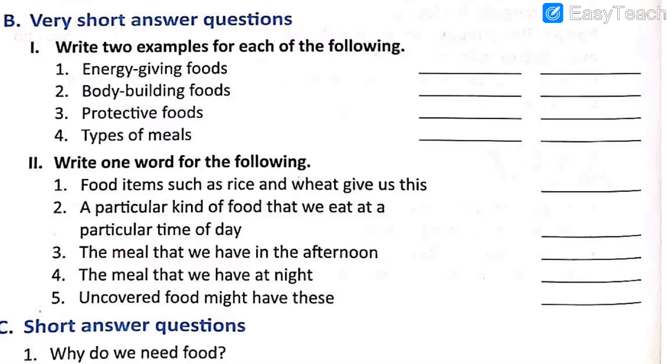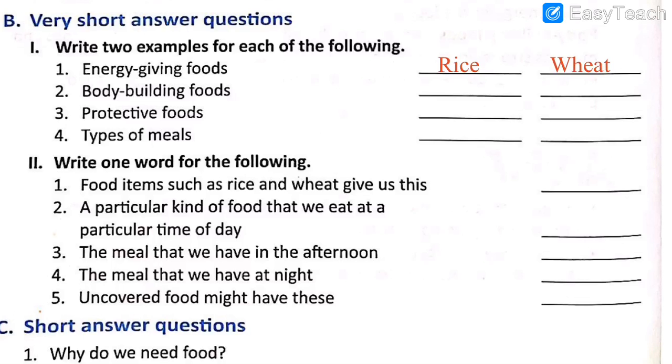Let's write the two names over here which I just said. So you will also write the same answer which I have written, rice and wheat. Energy giving foods are rice and wheat. Number 2, bodybuilding food. Which are the bodybuilding foods we have learnt about? Food items such as milk, eggs and chicken.